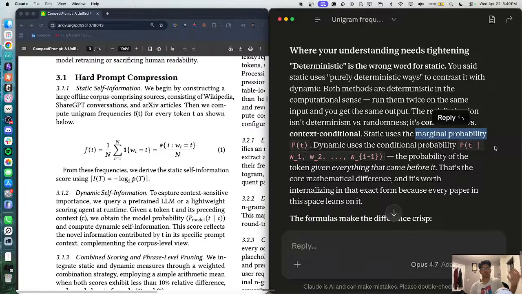So again, I will repeat this. Self-information is what powers the hard prompt compression. It essentially scores a token based off of a blob of text on how informative that token is to that specific text.